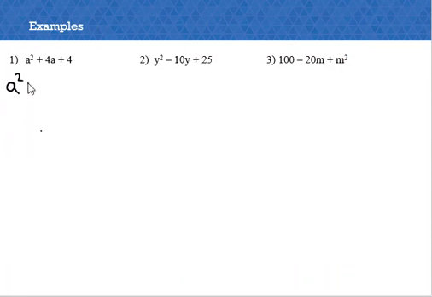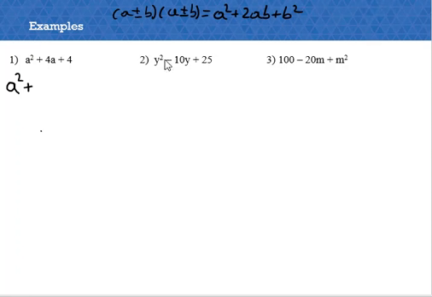So we have a squared plus, but before I do that, let me write the formula down here. If we have a plus or minus b times a plus or minus b, that should be equal to a squared plus 2ab plus b squared.